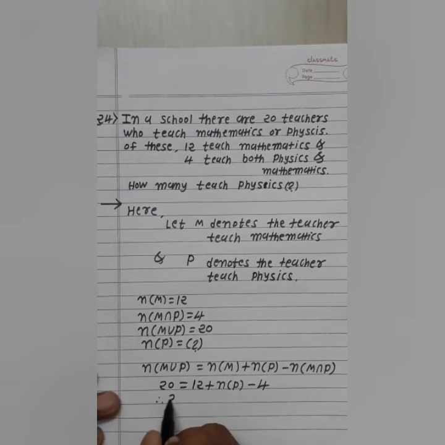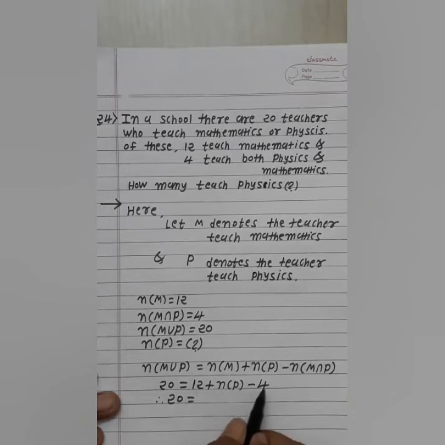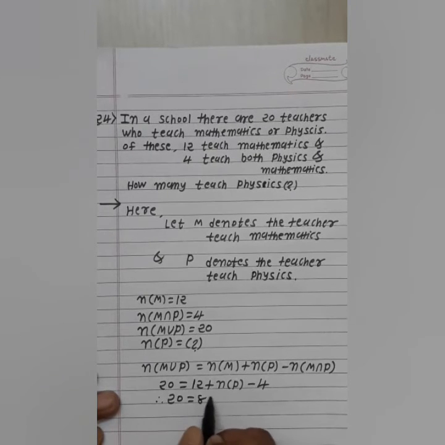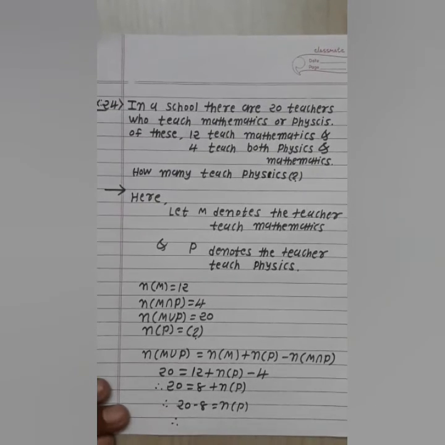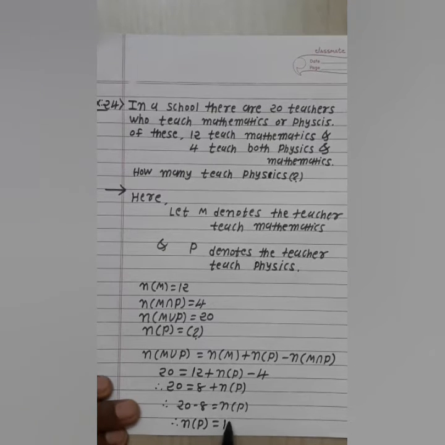So therefore 20 is equal to 12 minus 4, which means 8, plus n of p. Now 8 is written on the opposite side, so 20 minus 8 is equal to n of p. So n of p is equal to 20 minus 8, that means 12.